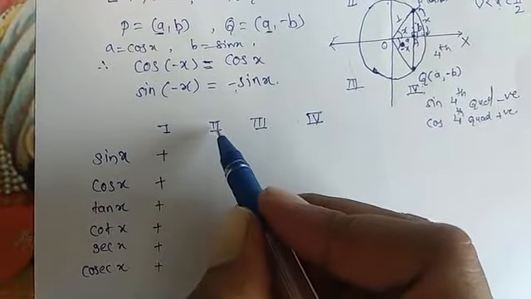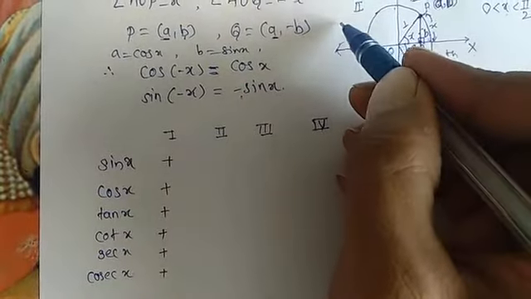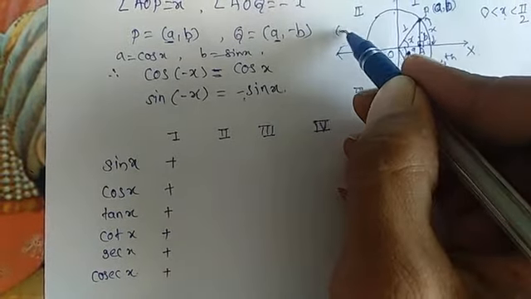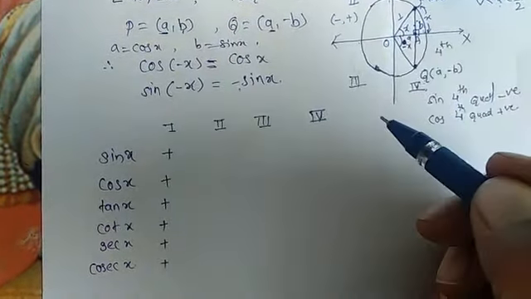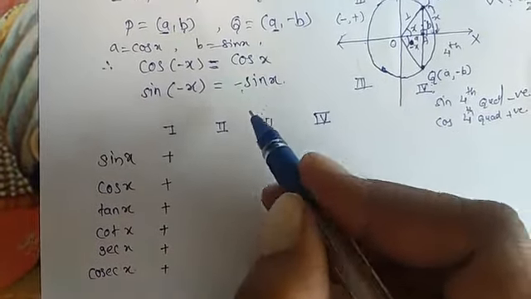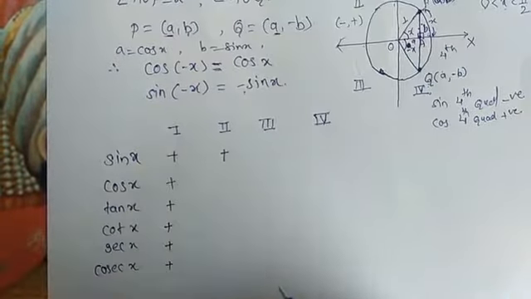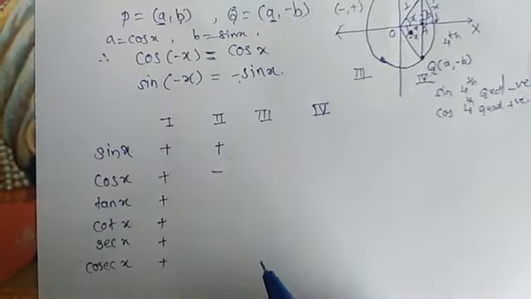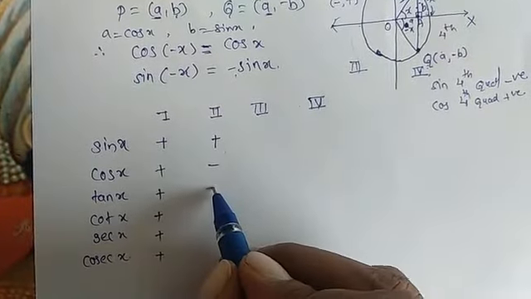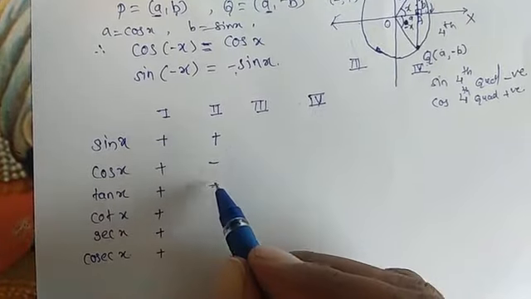Now in the second quadrant, x is negative and y is positive. So in the second quadrant sin x is positive, cos x is negative, and tan x is negative because sin upon cos is tan, so plus upon minus is negative.